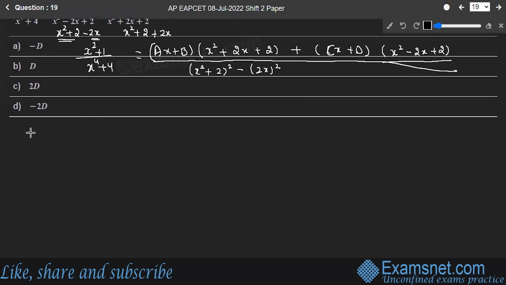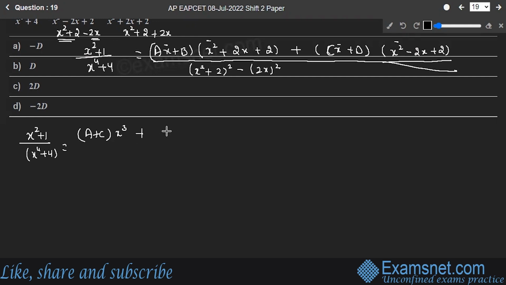Let's open it up. Let's write the LHS as such. Instead of opening the whole thing and then combining the like terms, we will just combine the like terms here as it is. Here I have x, here I have x, x². So that means the coefficient of x³ will be a + c.